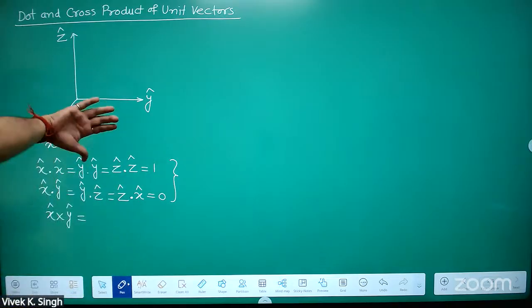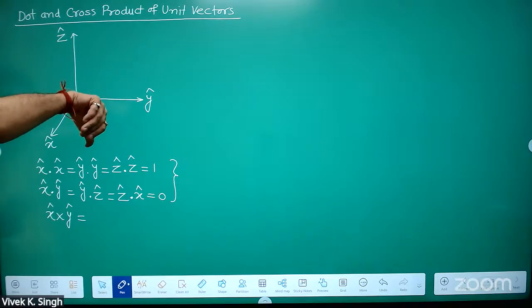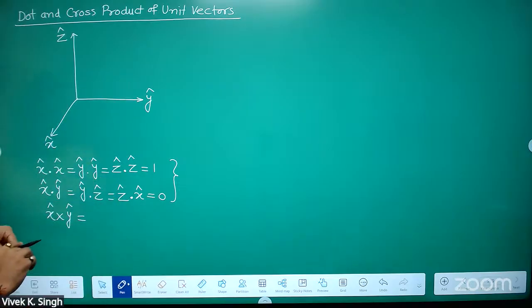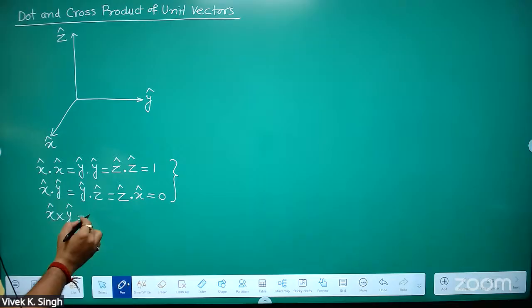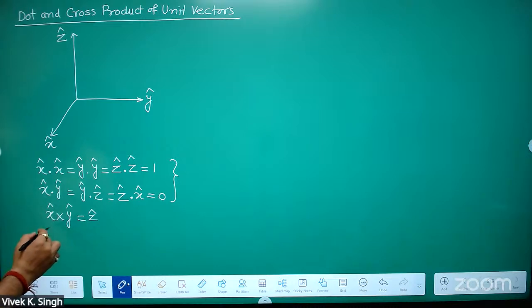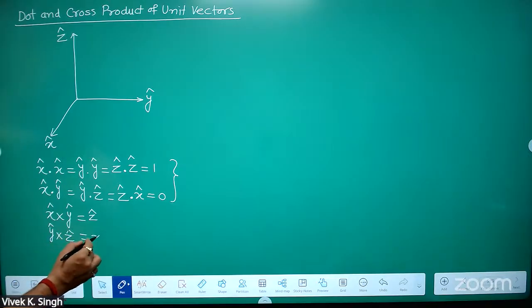If you see y cap cross z cap, that will be minus z cap. So that is the right hand rule. X cap cross y cap is z cap, y cap cross z cap is x cap, and z cap cross x cap is y cap.